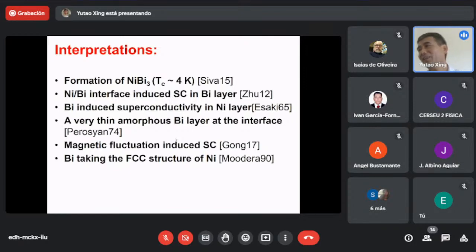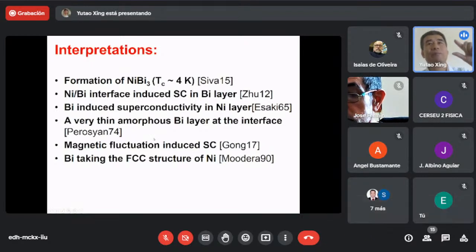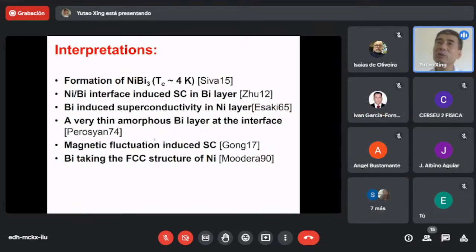Others said the bismuth induced superconductivity in the nickel layer. And even someone said a very thin amorphous bismuth layer can form at the interface, because it's also well known that amorphous bismuth is a superconductor.